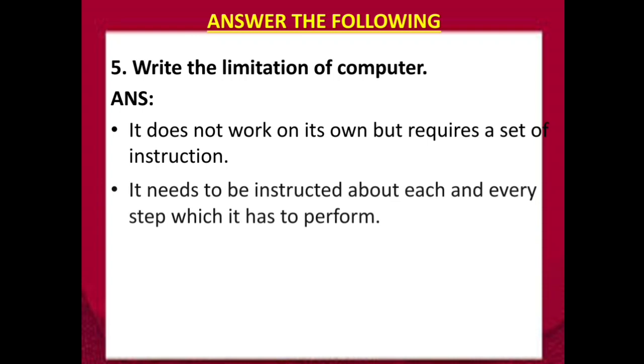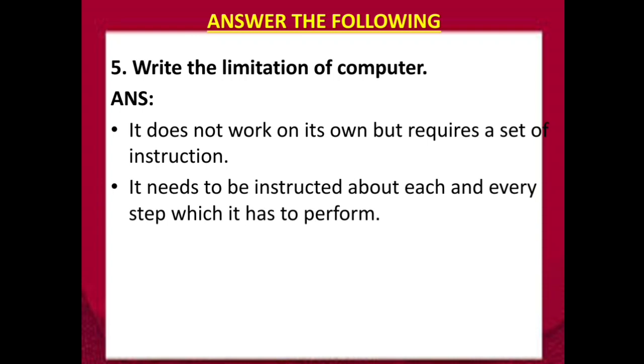The next one is it needs to be instructed about each and every step which it has to perform. So we have to give the information step by step. If any one step is missed, the process will go wrong and your result will be wrong.